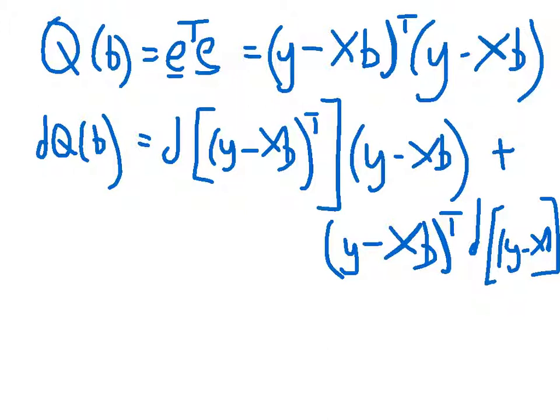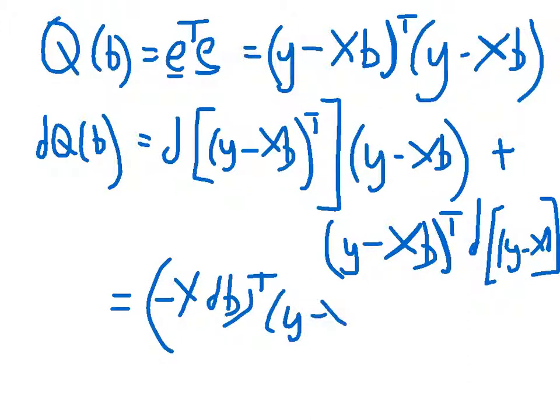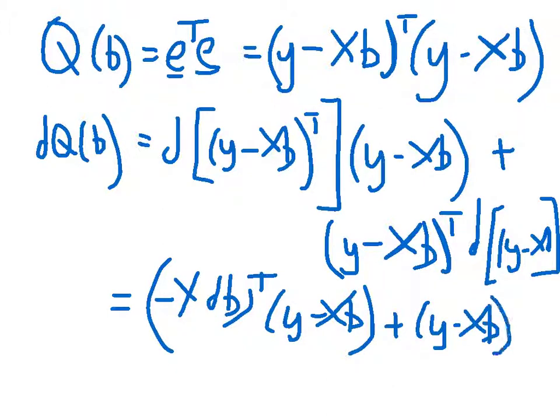What we're going to get to is minus x db transpose multiplied by y minus xb, and we're then going to add to this y minus xb transpose multiplied by minus x db.